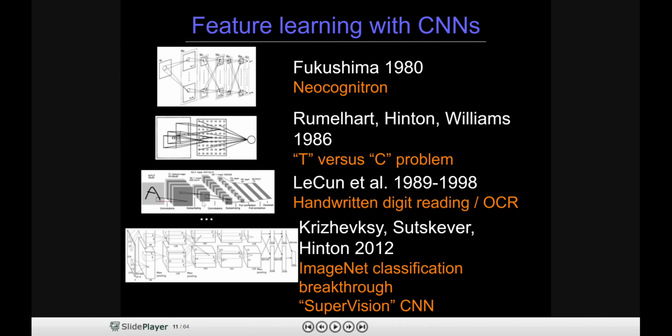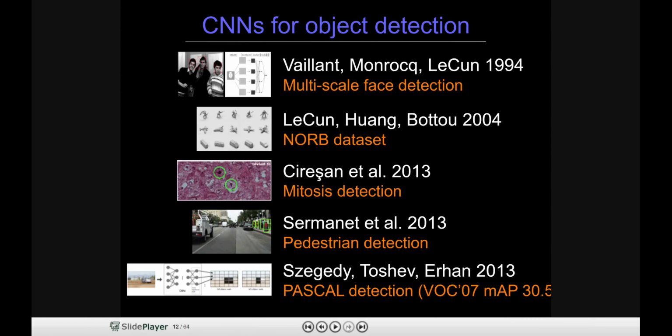This thing is basically LeNet, and this is the ImageNet classification, which used a convolutional neural network and emphasized the use of convolutional neural networks. So CNNs for detection, these were the things until then, and the latest thing was Pascal detection by Erhan, who proposed a new network.